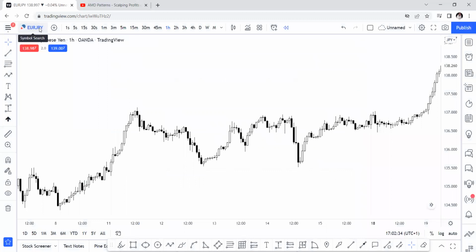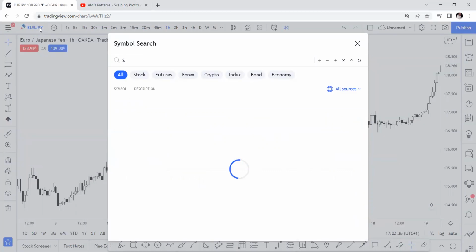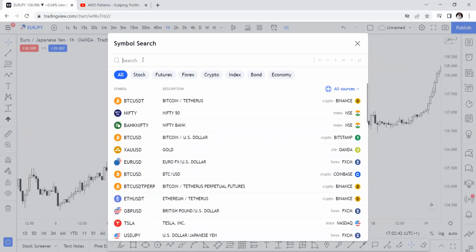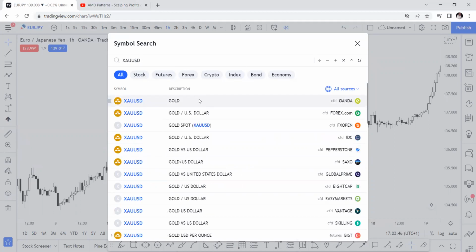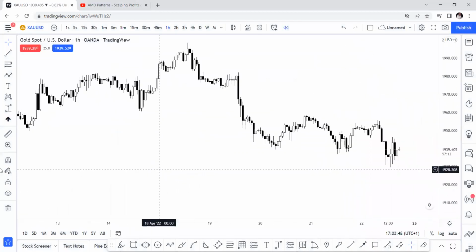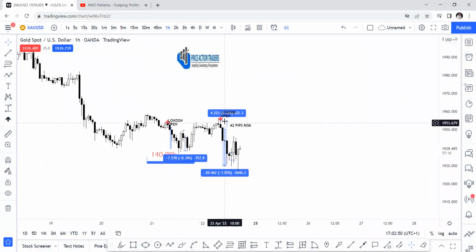So gold, I'll show you gold this morning. See what gold did this morning from New York. Almost 42 pips stop loss from New York.